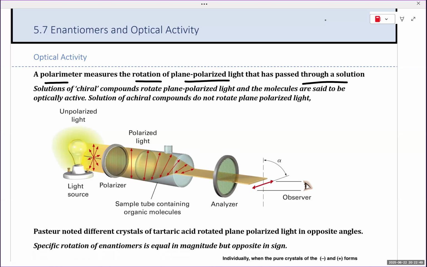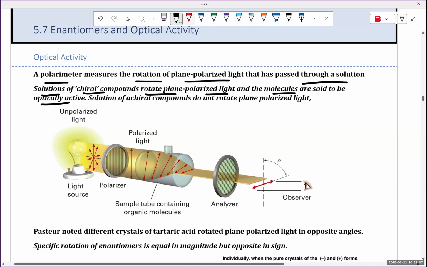When plane polarized light is passed through a sample containing chiral compounds, solutions of chiral compounds will rotate plane polarized light, and in turn, we can say that these molecules are optically active. To contrast this, solutions of achiral compounds do not rotate plane polarized light.